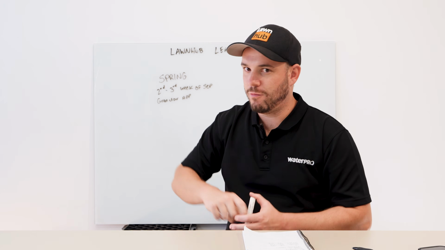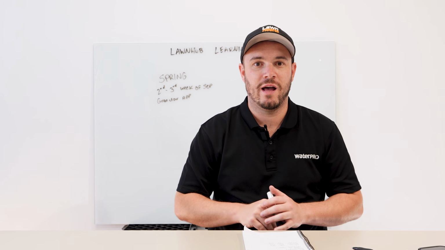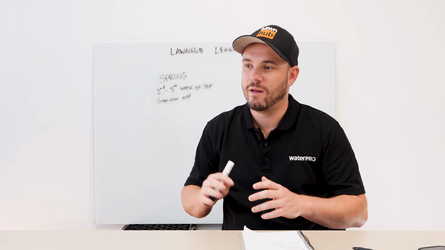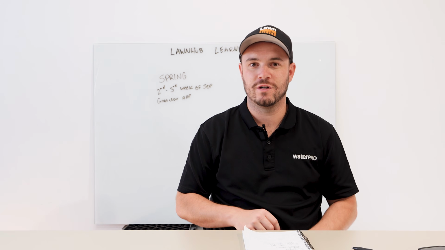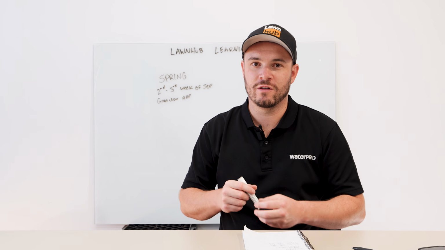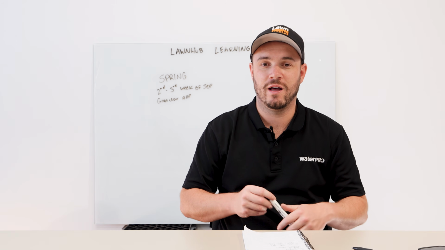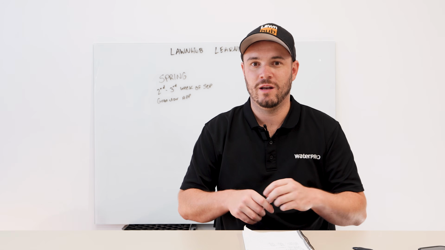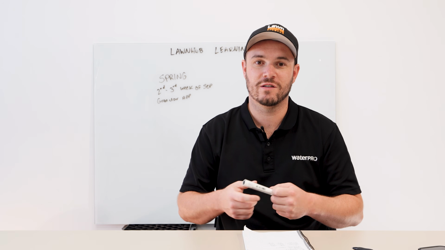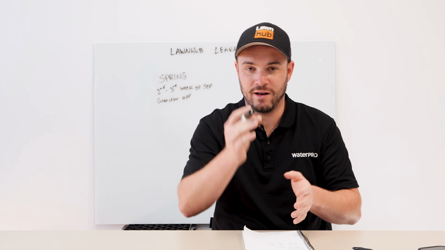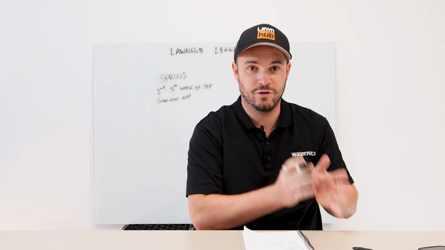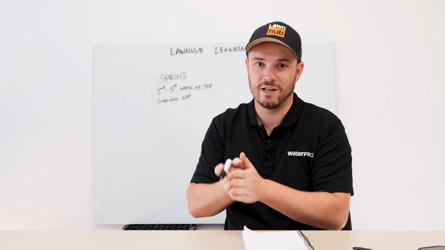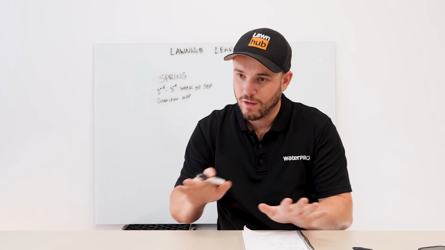Now, if you plan to do any overseeding or seeding of a lawn, then pre-emergent is out of the question, unfortunately. So pre-emergent, as we talked about in our last Lawnhub learning video, is going to inhibit cell production of those seeds and the root zone of a new lawn. So if you're planning to do a new lawn or overseed your cool season variety, pre-emergent is out.